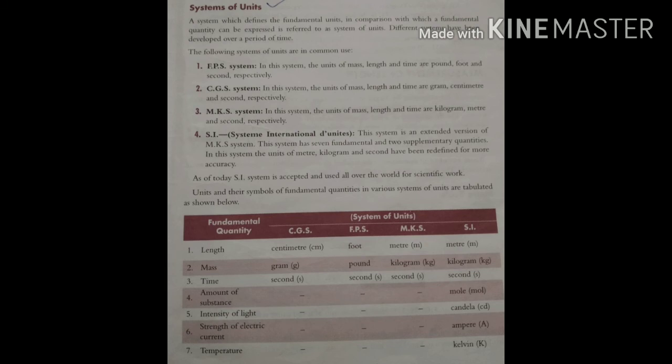Apart from this, there are many other SI units, such as Newton. For acceleration it's meter per second square, for pressure it's Pascal, and for energy it's joule, and many others. For work also it's joule.